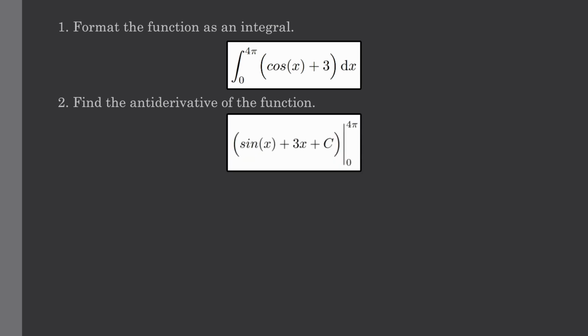In this sense, we are effectively finding the function that would result in the original being its rate of change.